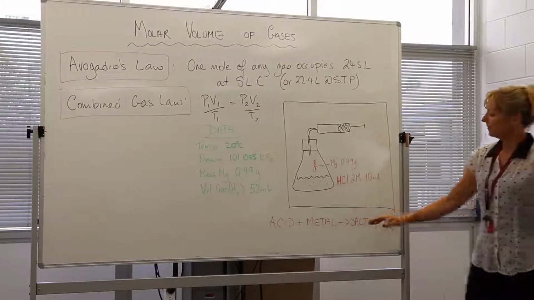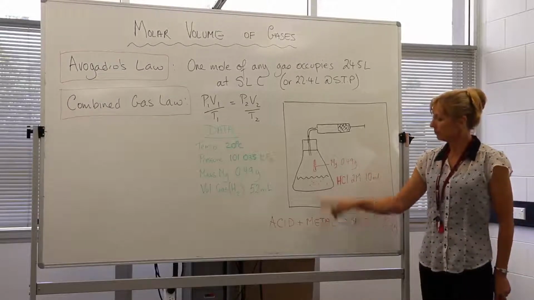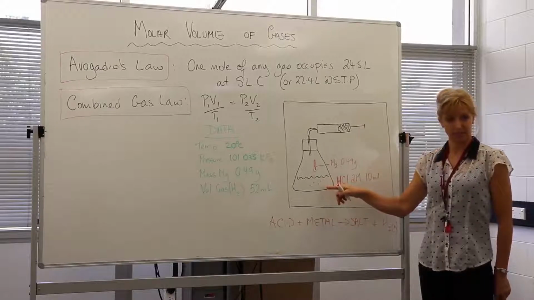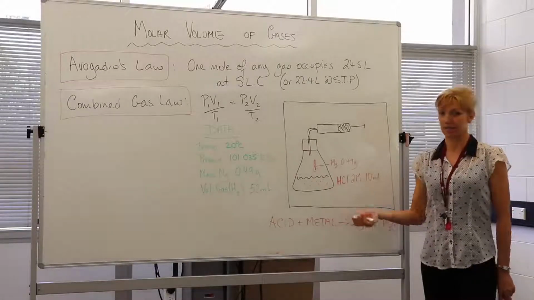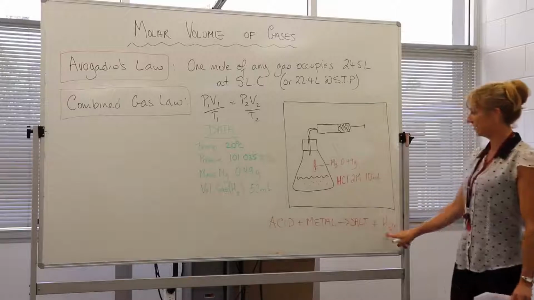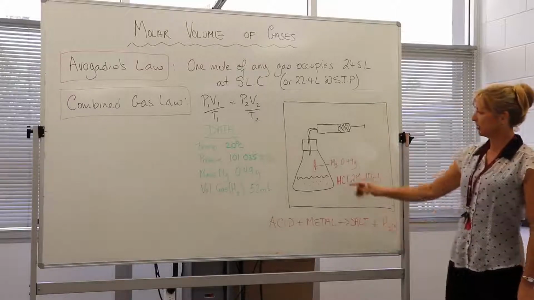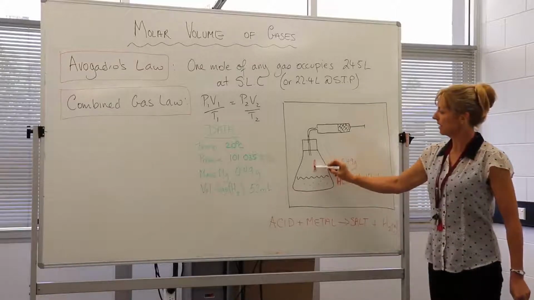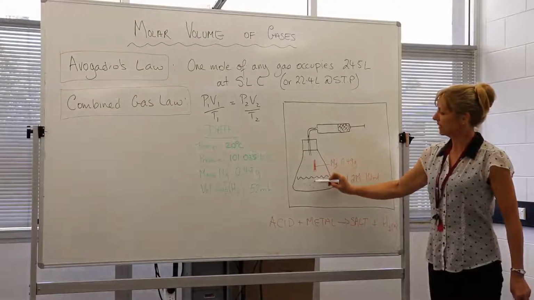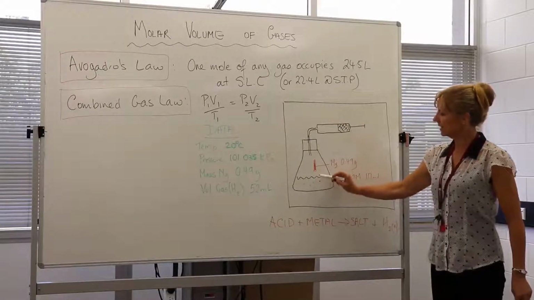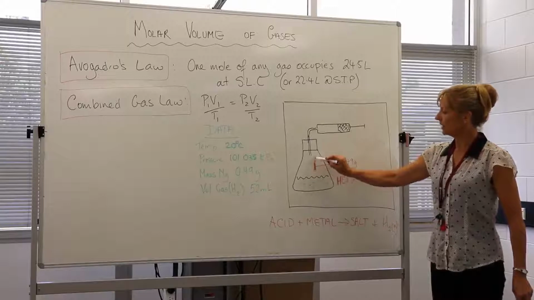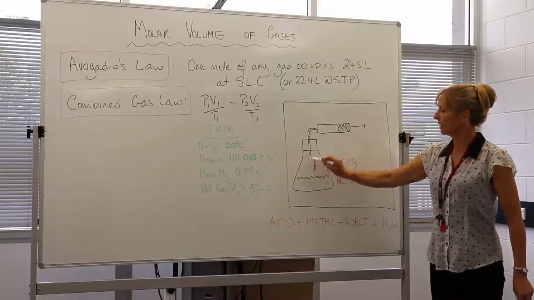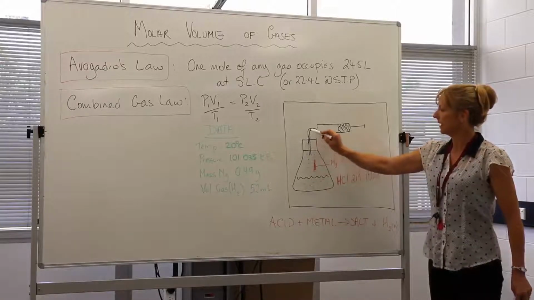So if you've got a reactive metal and you drop it in an acid, it makes a gas, but it doesn't make any old gas, it makes hydrogen gas. So can you picture this? You're dropping magnesium into acid, it's going to react, and hydrogen gas is going to fill this part and then go up into here, and it's going to travel.